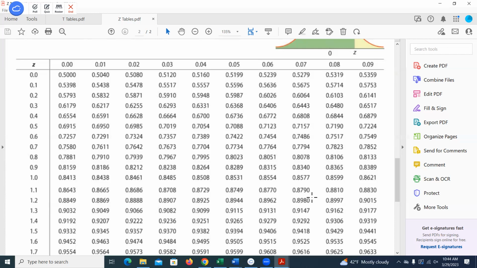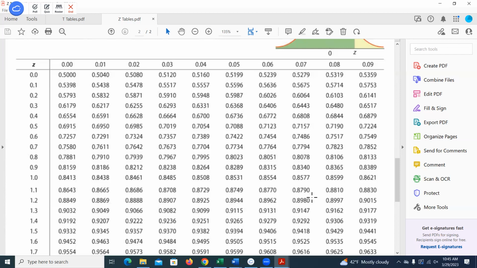So 0.102 times 2 is 0.204, right? Not 0.02.